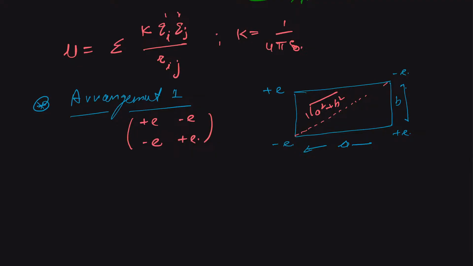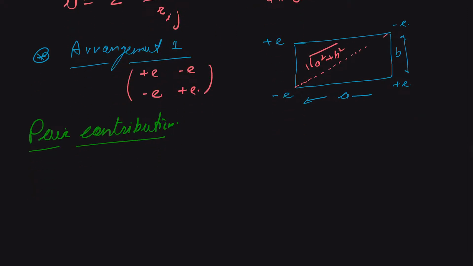And now let's find out the pair contribution. For pair contribution, first are our horizontal edges. And there are 2 horizontal edges.